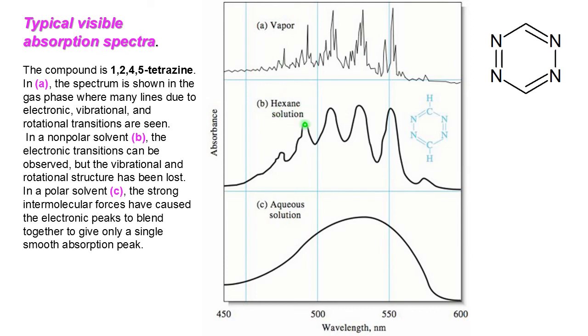In hexane solution, movement of the molecule is more restricted, so you have much wider peaks, still resembling vapor to some extent. When you come to water, you have a very wide peak with only one maximum because of plenty of intermolecular interactions in water, for example hydrogen bonding.